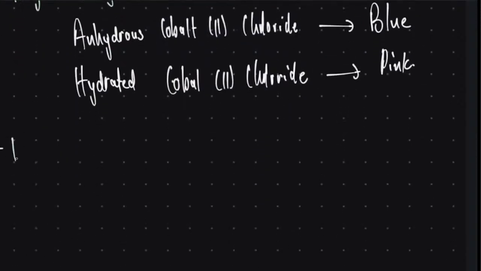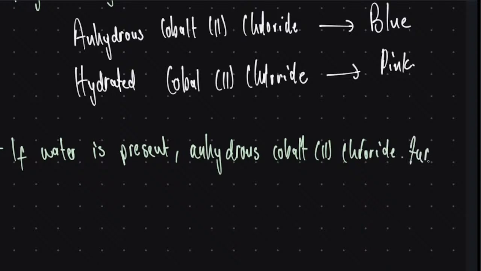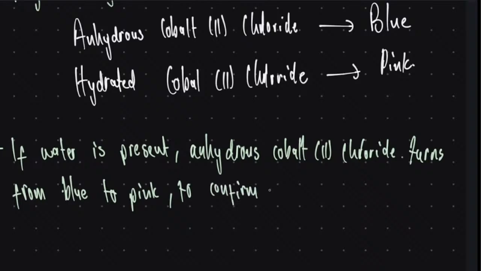So you can say, if water is present, anhydrous cobalt 2 chloride turns from blue to pink to confirm that it is water.